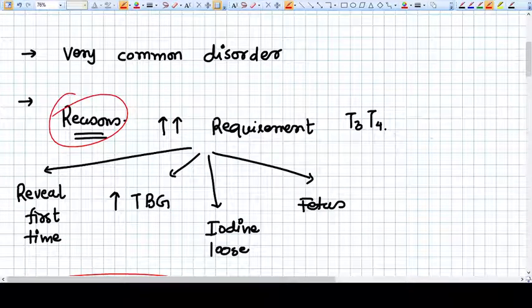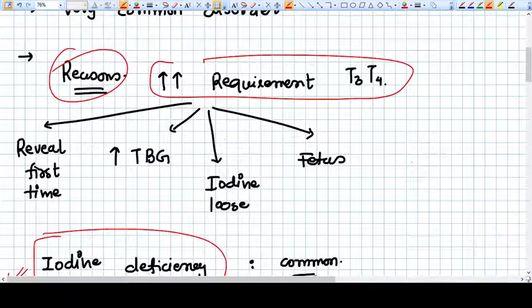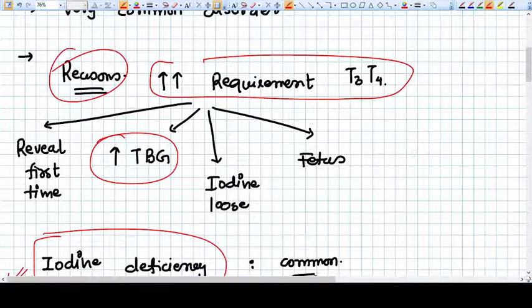One very basic thing about thyroid physiology in pregnancy is that there is an increased requirement of thyroid hormones T3 and T4. Why? Because the level of thyroid binding globulin is increased, I think to triple the previous values. So to bind that TBG, you need more and more thyroid hormones.